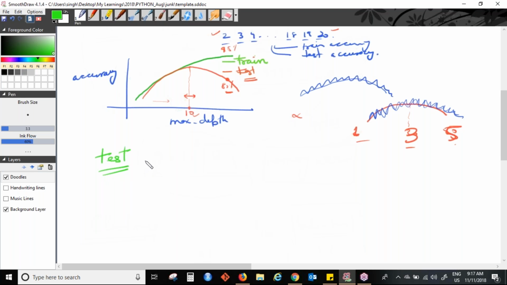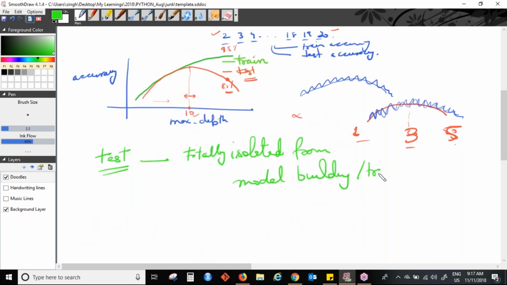Your test should be totally isolated. The test data should be totally isolated from model building or model training. While training the model, you should not have any idea about your test data. If that happens, that is like cheating.